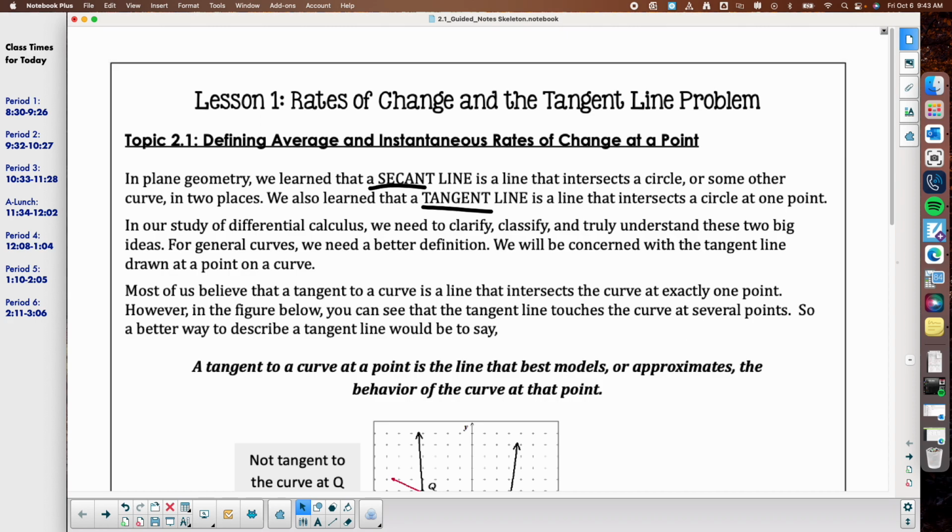I don't know where I'm going to draw that. So pretend that's a nice circle. And a tangent line would touch at one location. We're going to use a tangent line in the same way. What we're going to do is a tangent line in calc is going to be the line that mimics the slope at a spot.